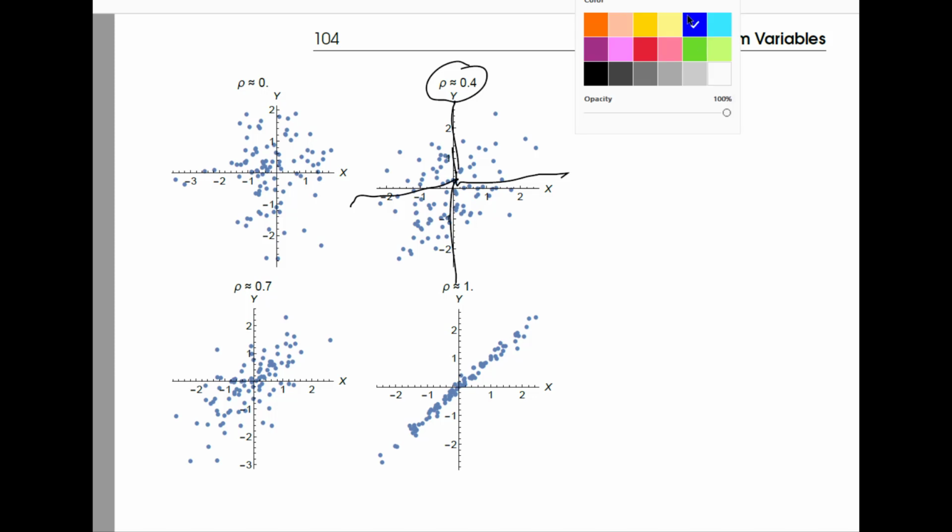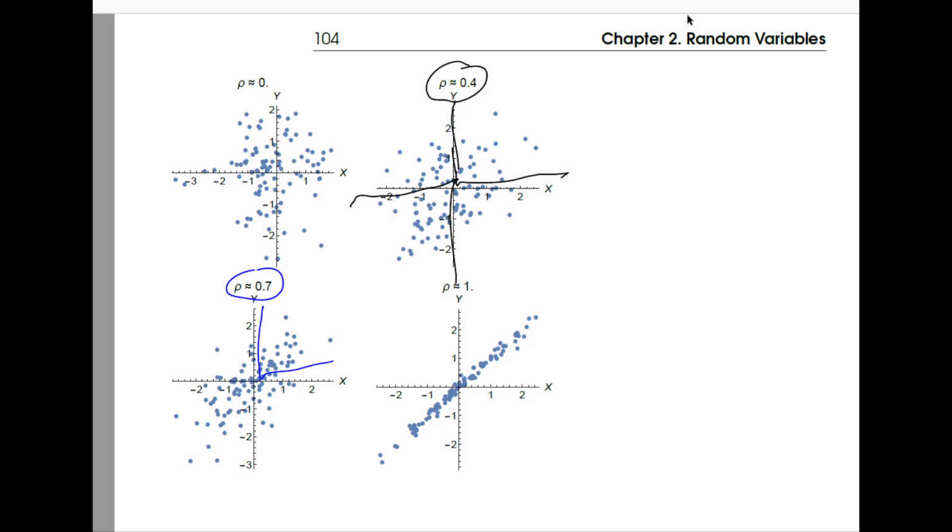And then 0.7 is already a pretty strong correlation. Again, it's because they're mostly here and here. And then 1, which is a rounding error, this should be 0.99 or so. You already see the pattern. So rho equals 1 would mean a perfect straight line, because that's what covariance or correlation actually measure.